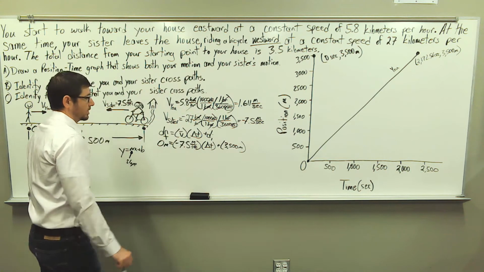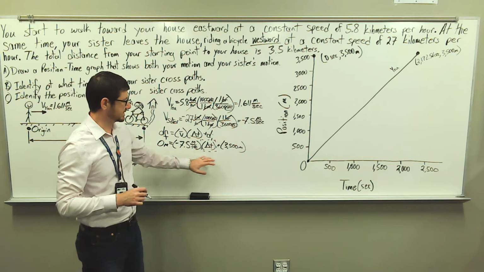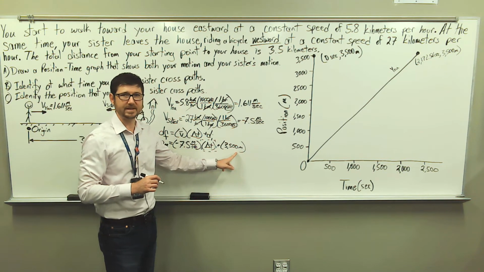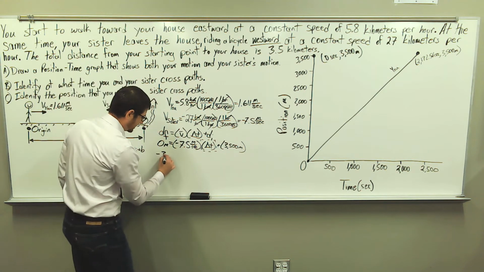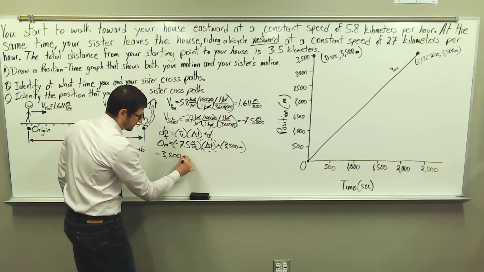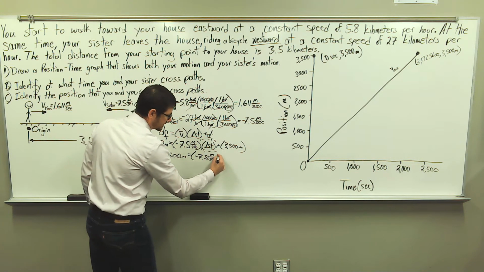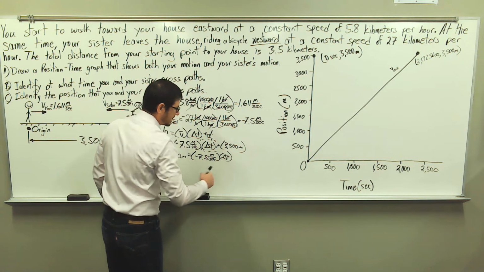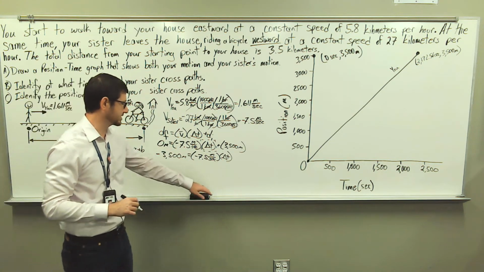Okay? Let's calculate delta t. So my first step in this process is to subtract 3,500 meters from both sides of the equal sign. This will give me negative 3,500 meters is equal to negative 7.5 meters per second times delta t. Now I'm going to divide both sides by negative 7.5 meters per second.